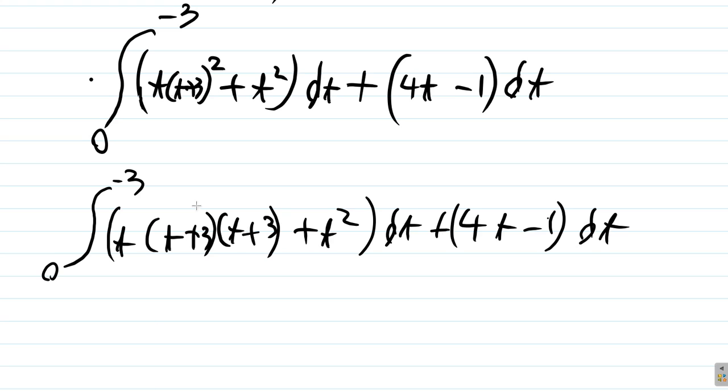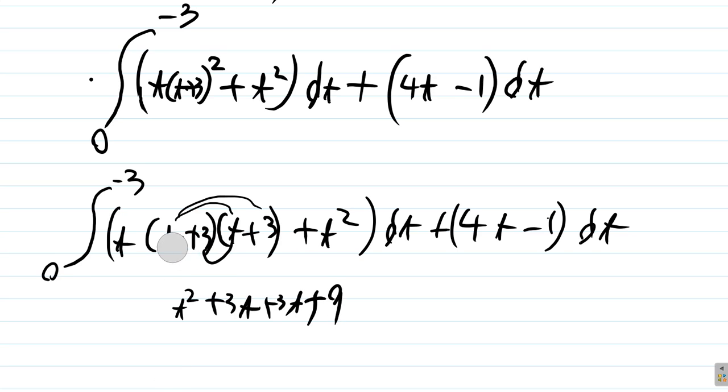Okay, let's simplify this. t by t gives t squared plus 3t plus 3t plus 3 is 9. So we could rewrite this inside the bracket as t squared plus 3 and 3 is 6, t plus 9.